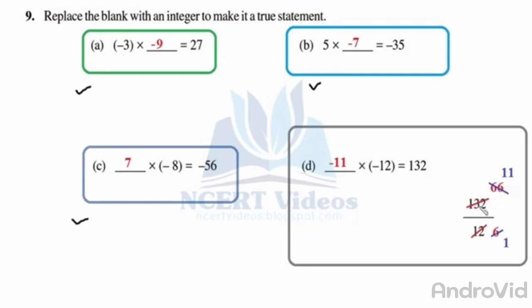Again, 6 2s are 12, 66 2s are 132, and again 1 6 is 6, 11 6 is 66, so we come to know that the number is 11, and we have to take negative.